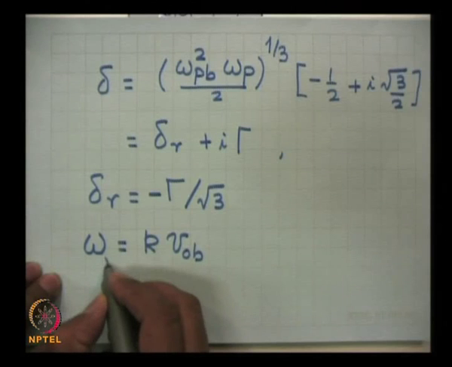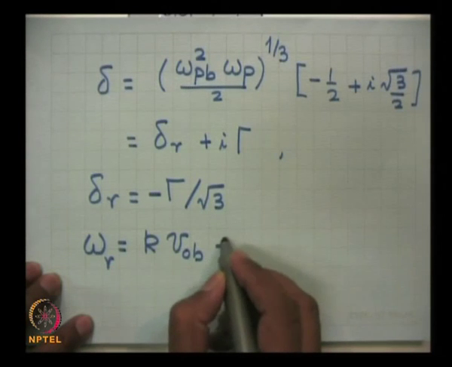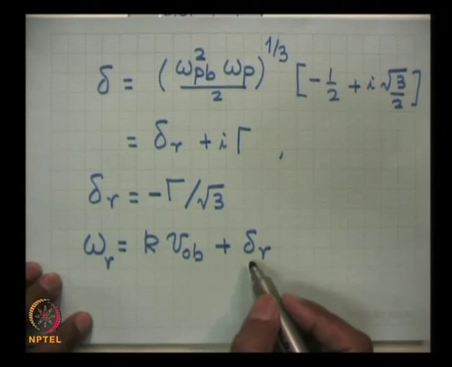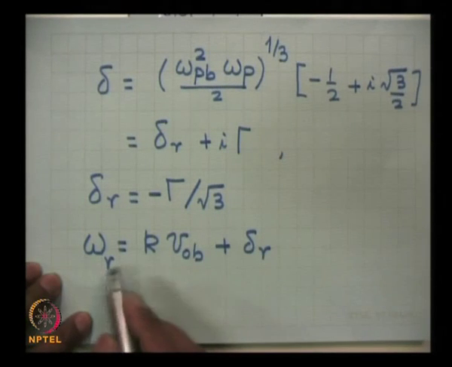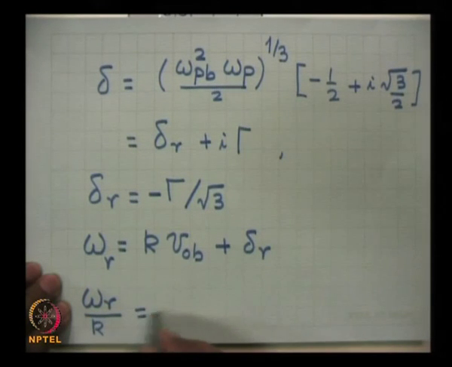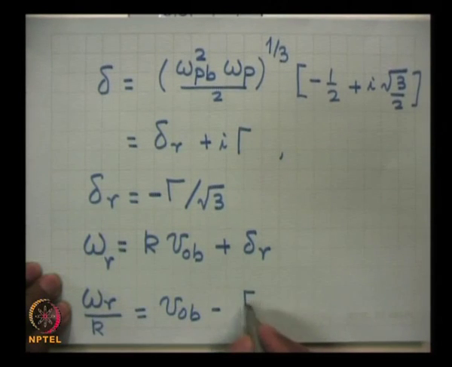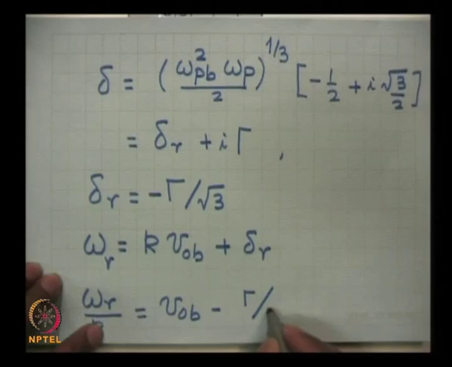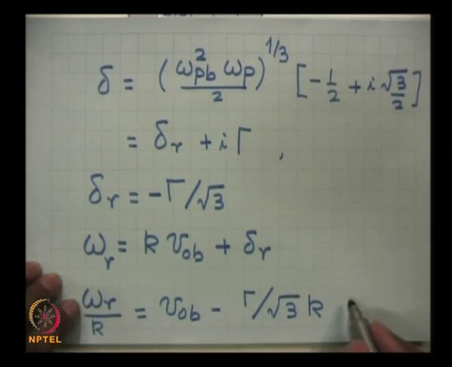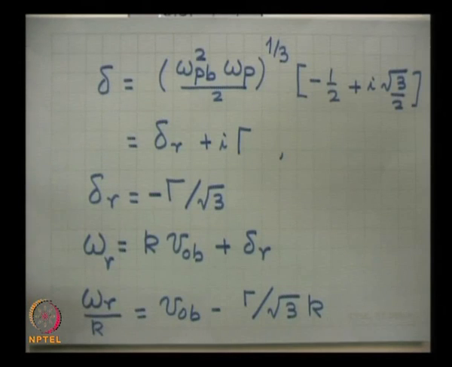So the real part of frequency should be equal to delta r. But because delta r is negative, if I calculate the quantity omega r upon k, it is equal to v0b minus gamma upon root 3 k. So this is less than the beam velocity.